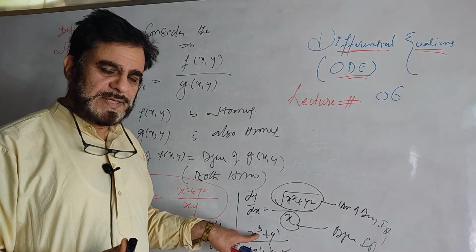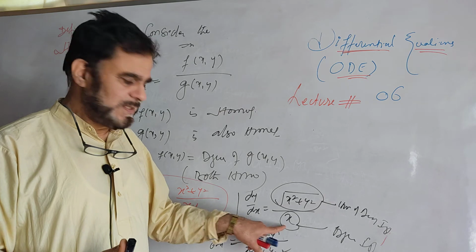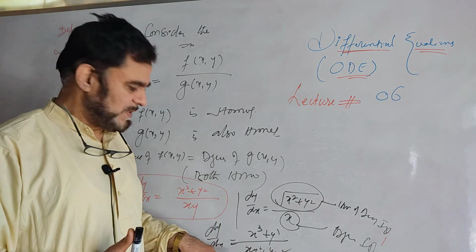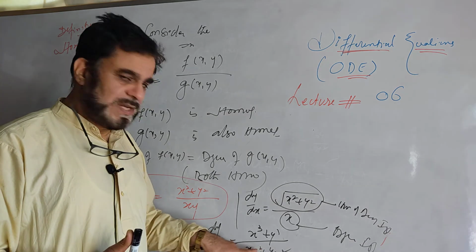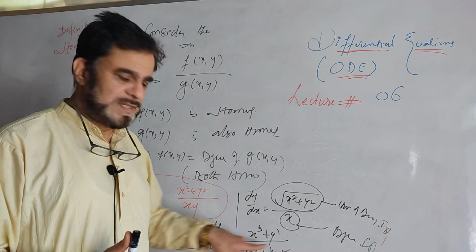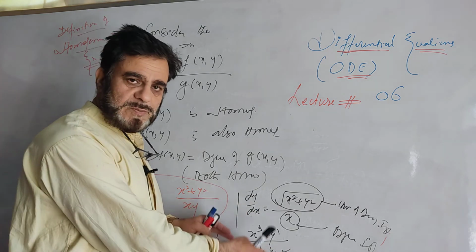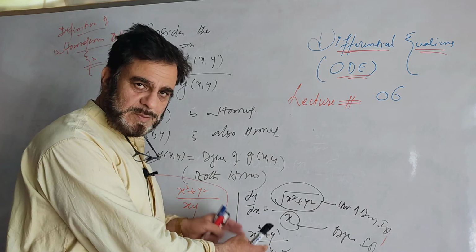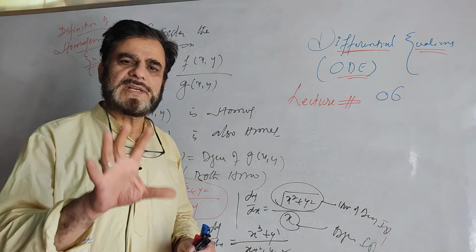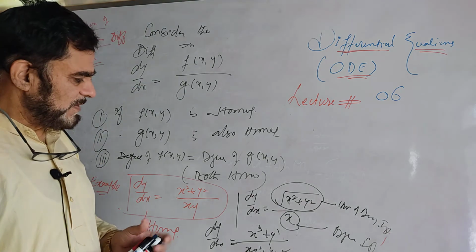What about the numerator? Degree 3, degree 3. So the numerator is homogeneous, every term is degree 3. Now come to the denominator. x y square is degree 3. y is degree 1, x square is degree 2, so it is degree 3 as well. So it is also homogeneous. Numerator homogeneous, denominator homogeneous, and of the same degree. So our differential equation is homogeneous. This is how we look at the differential equation to see when it is homogeneous.